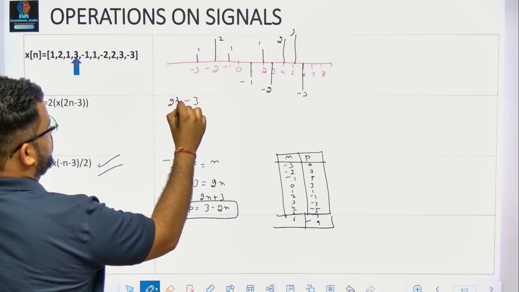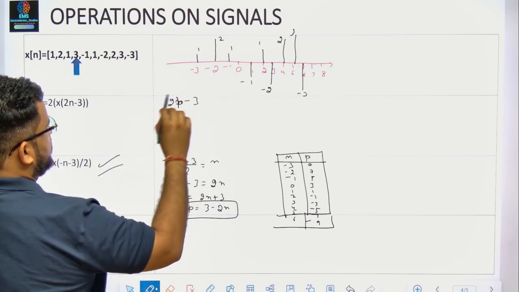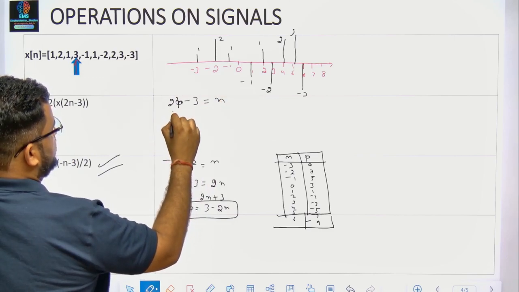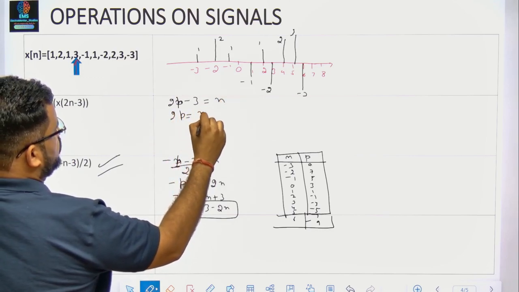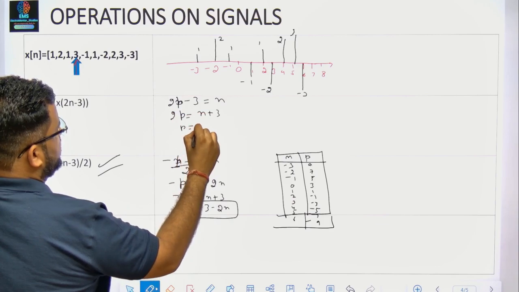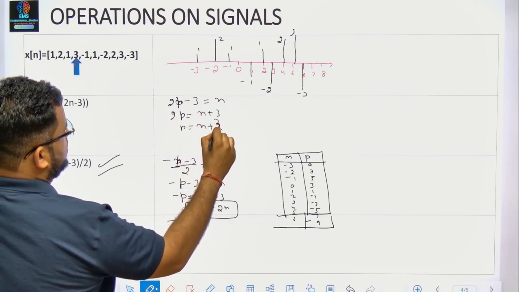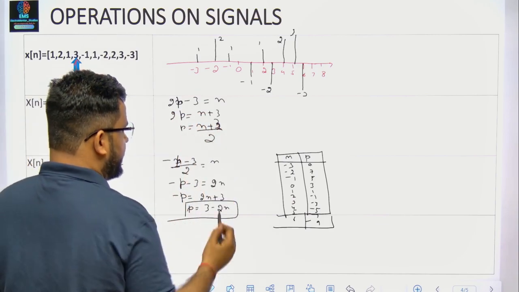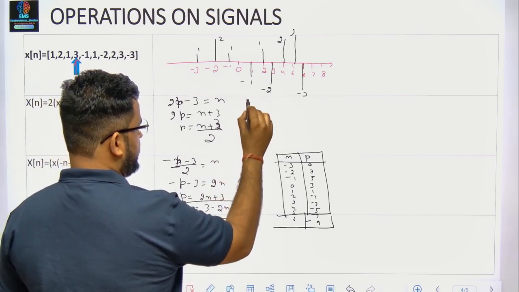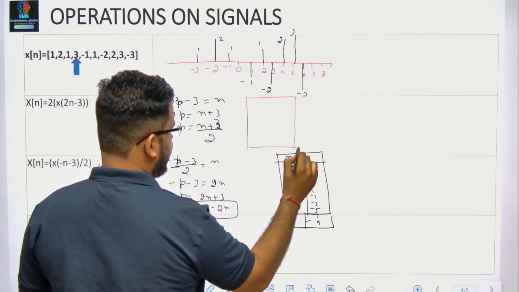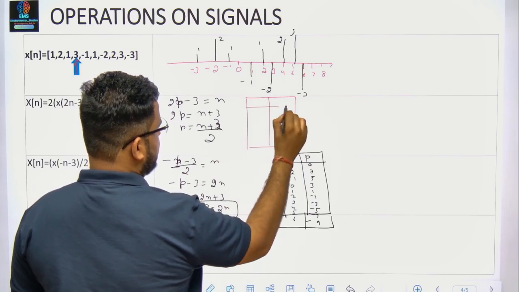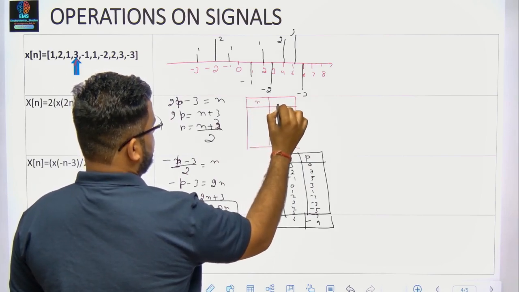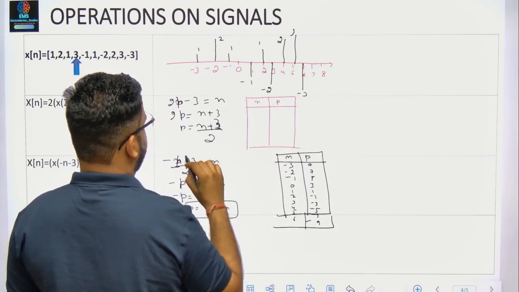2p minus 3 is equal to n. Yeah, 2p is equal to n plus 3. So p is equal to n plus 3 divided by 2. Now there is a catch over here. What's the catch? You have to see it carefully. Put n, put p.